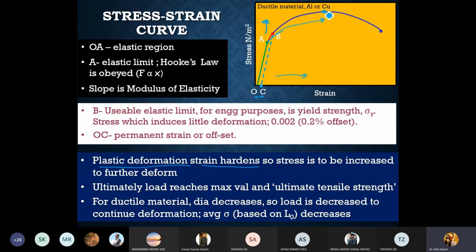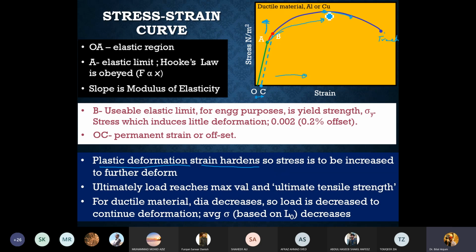After this point, the necking phenomenon starts. The diameter of the material starts to reduce. So that's why you see a decline in the stress for further deformation until the material fractures at this point.